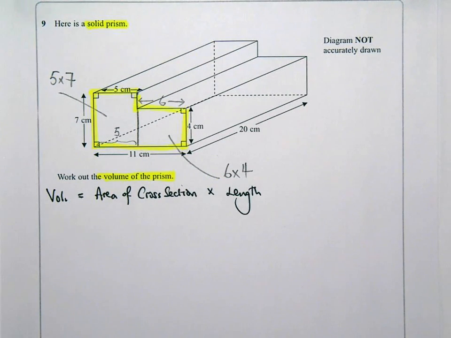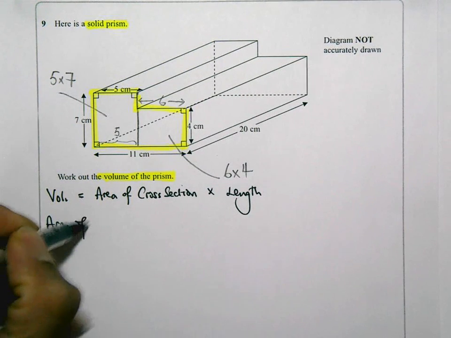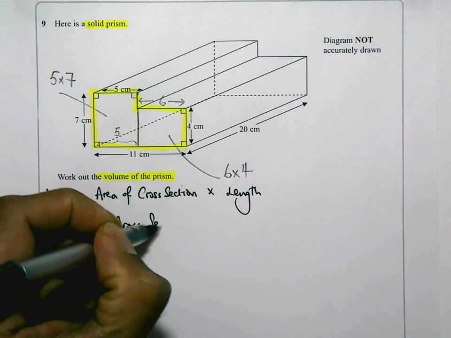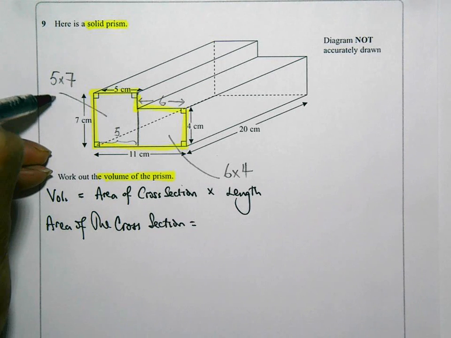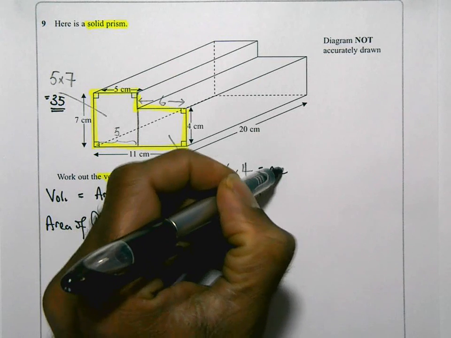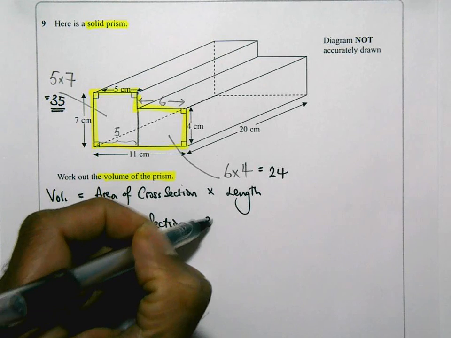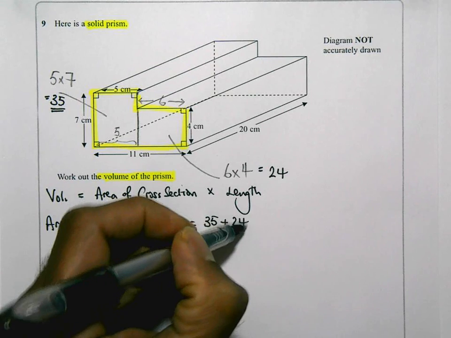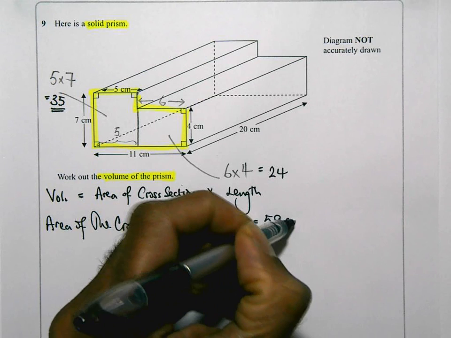So to work out the area of the cross section, I need to add these two areas. 5 times 7 is 35, and 6 times 4 is 24. And in both those cases, that's centimeters squared. I'm going to add these two areas. 35 plus 24, that's going to be 59 centimeters squared.